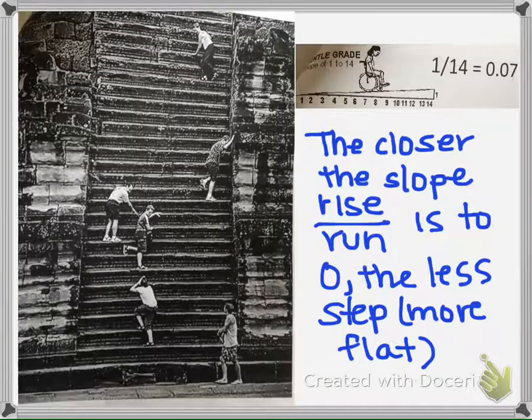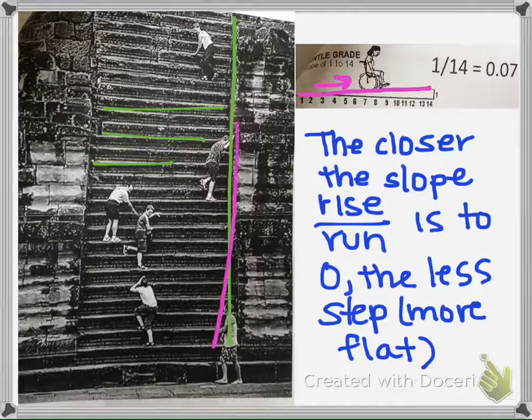So how could we use this? When we're building stuff, okay, this slope right here, this is hard. This would be hard to climb right here. That's very difficult. It's very steep, these stairs here. Now, when we're building a wheelchair ramp here, notice that this wouldn't be as difficult to push somebody up this ramp. Imagine having to push somebody up this with a wheelchair. That would be very steep and difficult.